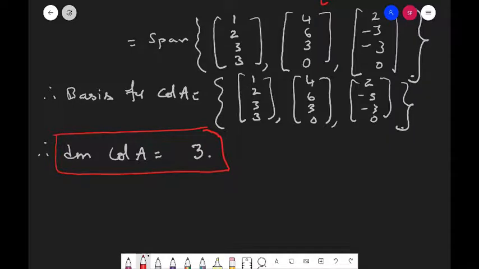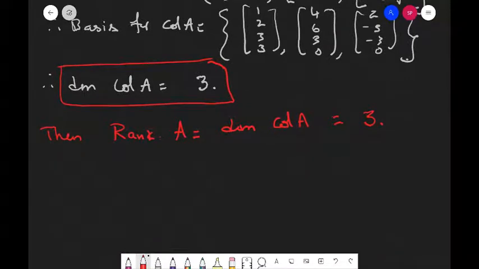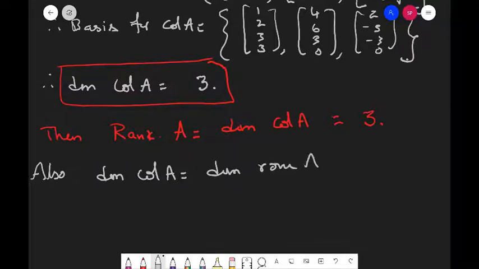And now what is rank? Then rank of matrix A is equal to dimension of column A, and which is equal to 3. Also, what is the rank theorem? Also, we have here dimension column A is equal to dimension row A is equal to 3.